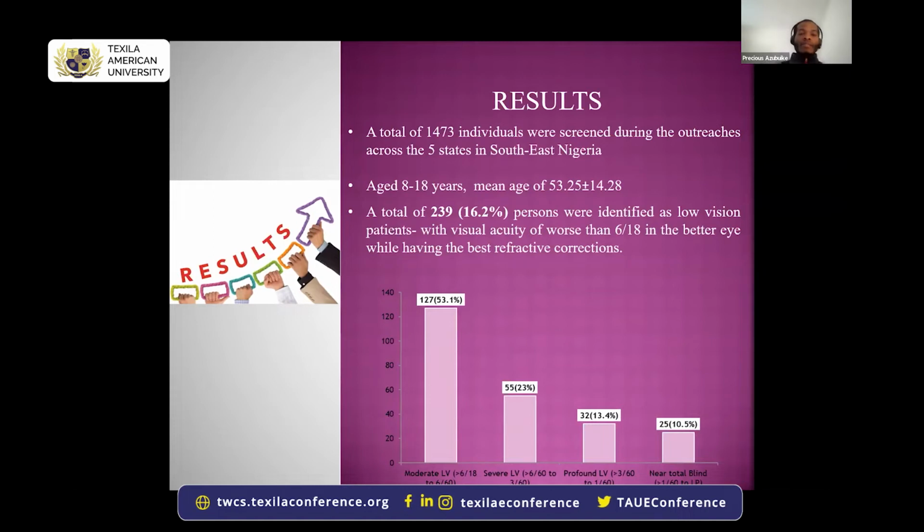Just as a breakdown, of the 239 persons who had low vision, 127 had moderate low vision, 55 had severe low vision, 32 had profound low vision, and 25 were nearly totally blind.